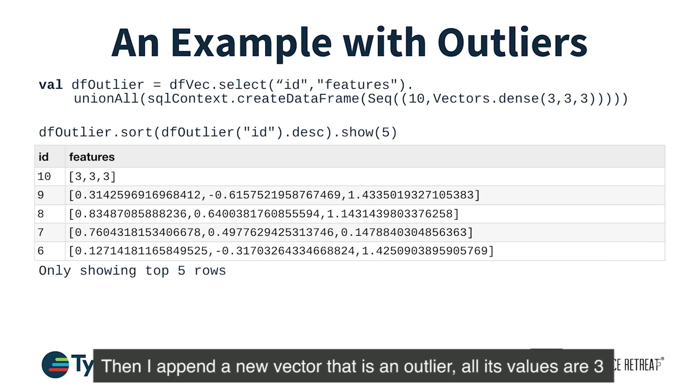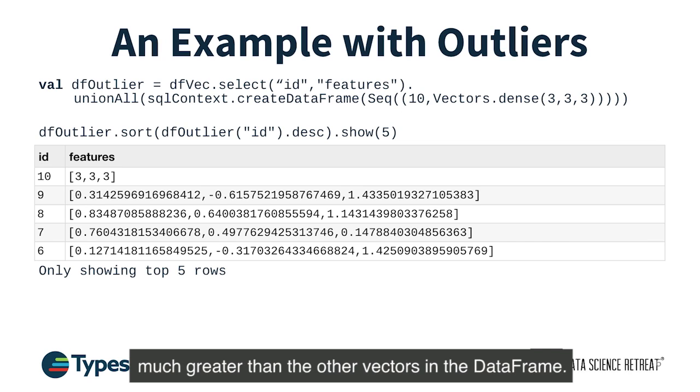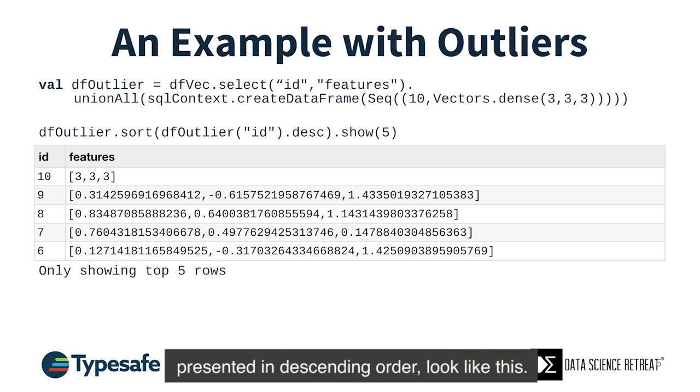Then I append a new vector that is an outlier. All its values are 3, much greater than the other vectors in the data frame. The resulting data frame, as shown in its last 5 rows, presented in descending order, looks like this.